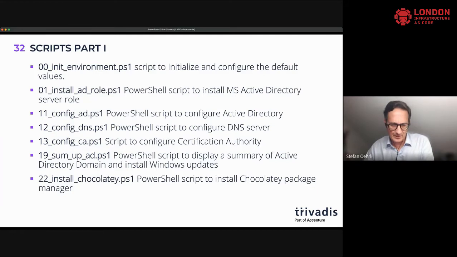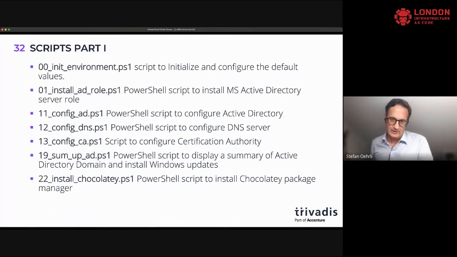And after this has been done, and that's the important part, the system has to reboot, because we are setting up Windows, and Windows has to be rebooted quite a couple of times. As soon as the Active Directory server role is installed and the system has been rebooted, we can then run the config AD script to configure the Active Directory.